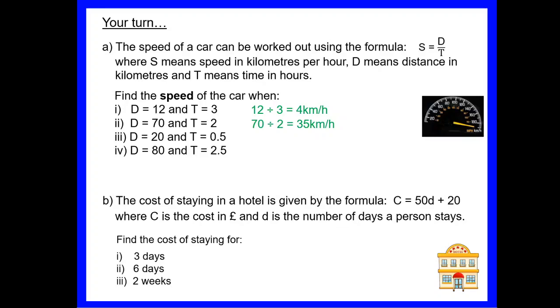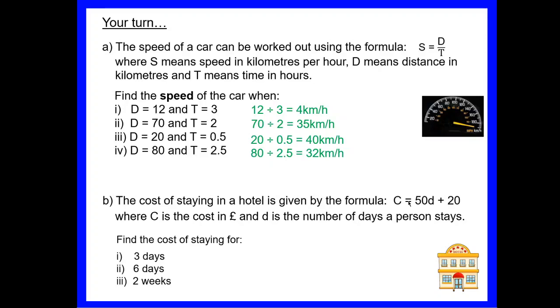For number 3, we've got 20 divided by 0.5. Now remember, dividing by a half is the same as multiplying by 2, so if you're doing it without a calculator, we get 40 kilometers per hour. The next one, 80 divided by 2.5 is 32 kilometers per hour.